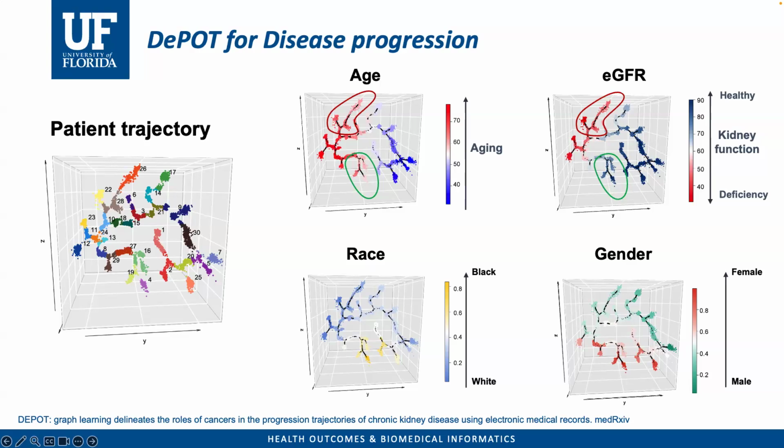So we find that the green ones and the red ones are patients at similar age but very different kidney function. And we found that the risk, the white patients, I think it's white patients. Yeah, it is white patients. Yeah, it's the blue ones, this one.